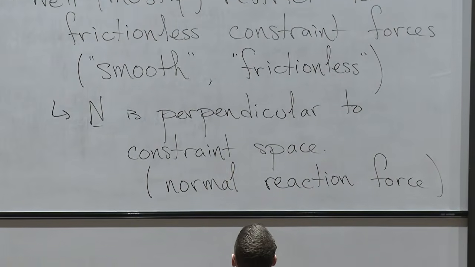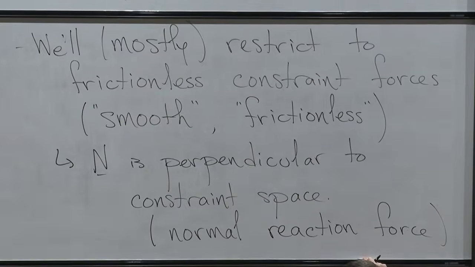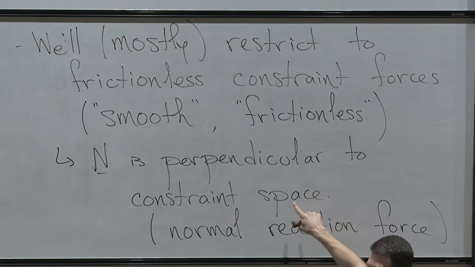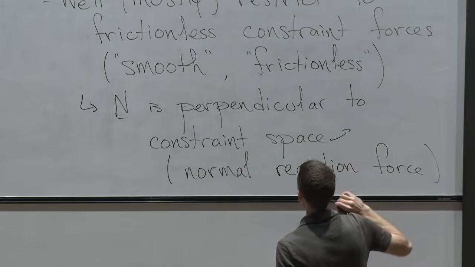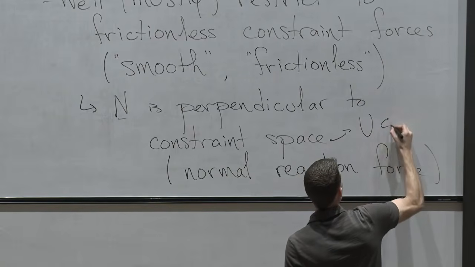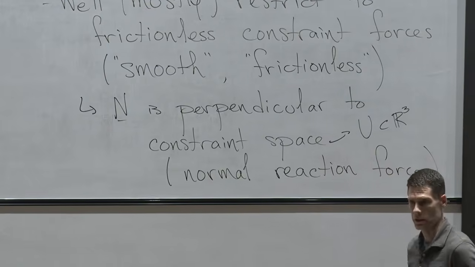Okay, so to make this slightly more mathematical, let's define the constraint space as a space which we'll call capital U, and U is some subset of R3.